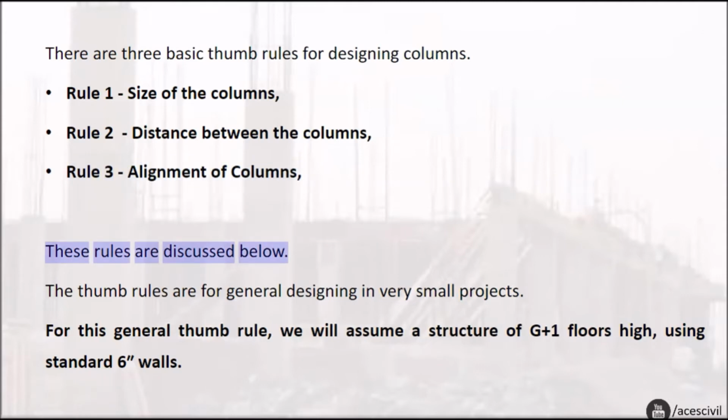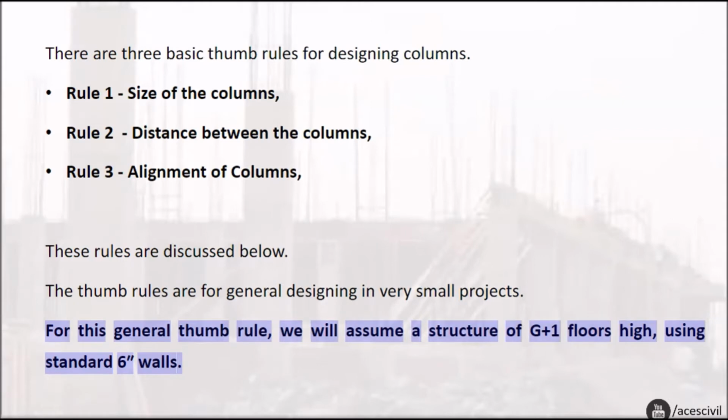These rules are discussed below. The thumb rules are for general designing in very small projects. For this general thumb rule, we will assume a structure of G+1 floors high, using standard 6 inch walls.